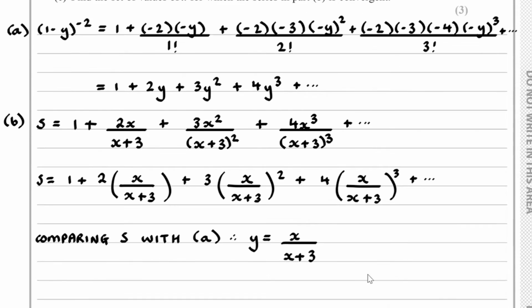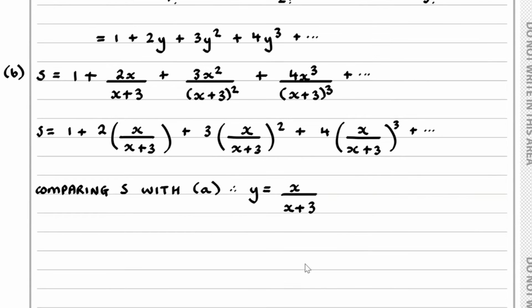We know that y is x over x plus 3, and so therefore using our result to part A, we have S equals (1 minus x over x plus 3) to the power of minus 2.